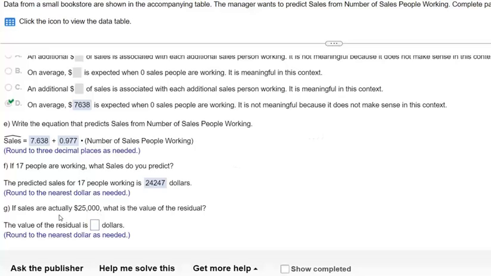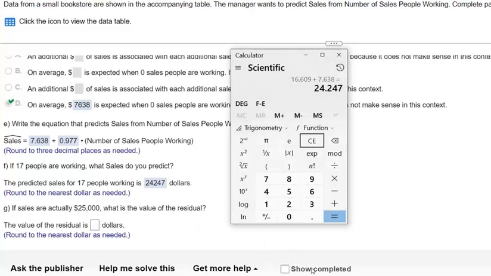And if sales are actually $25,000, what is the value of the residual? The residual is telling you how far off your prediction is. Okay, so we predicted it was going to be $24,247. The actual sales was $25,000 when they brought that many people on the floor. So the residual is just subtracting the two, but the sign is important. Okay, it's a difference of 753.